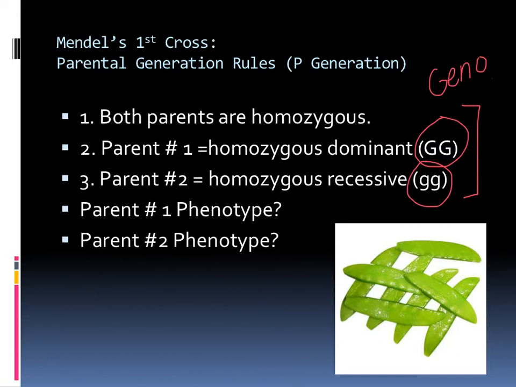Now, phenotype is the physical description of what the color of the seed is. So if parent number 1's genotype is big G, parent number 1's phenotype should be the dominant color, which in this case is yellow. Parent number 2's phenotype, because the genotype is little g, should be green.